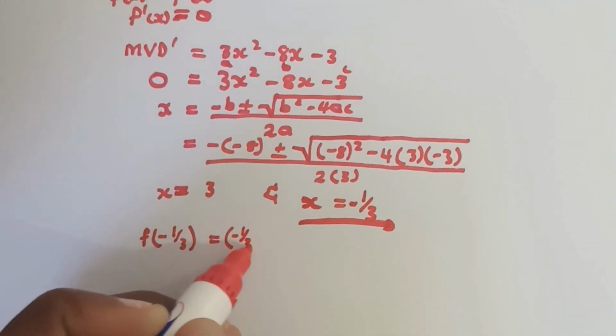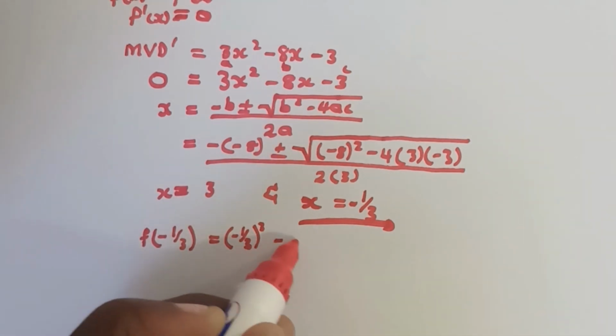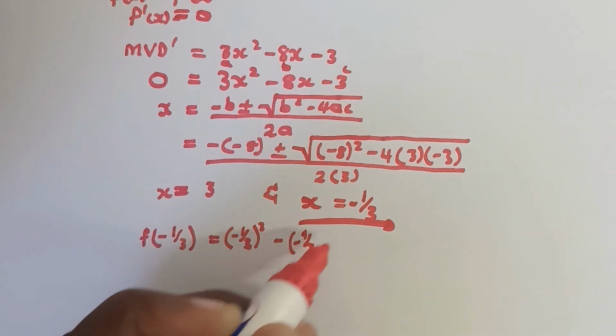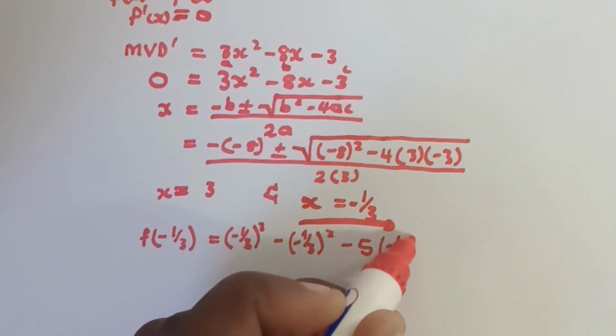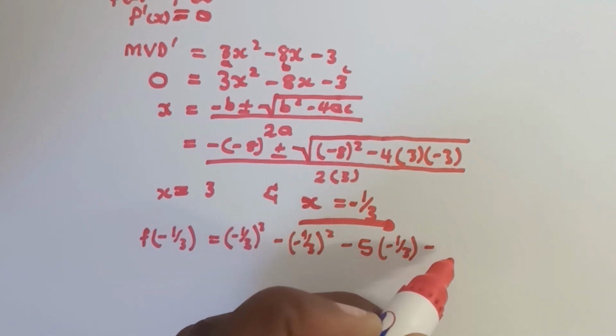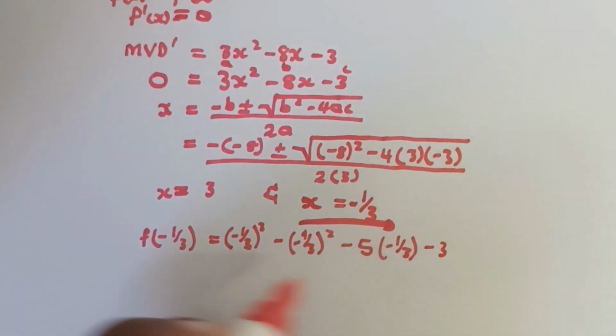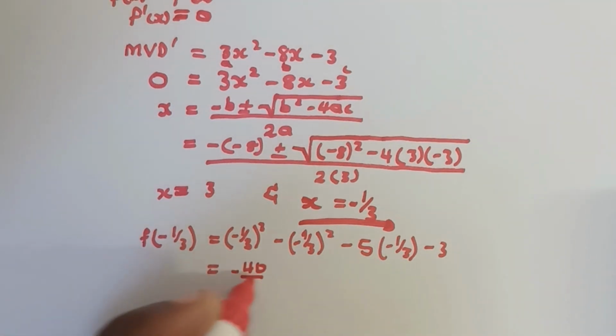Then we say negative 1 over 3 cubed, minus negative 1 over 3 squared, minus 5 into negative 1 over 3, minus 3, and we get negative 40 over 27 from the cubic function. That is our first value, the y on the top.